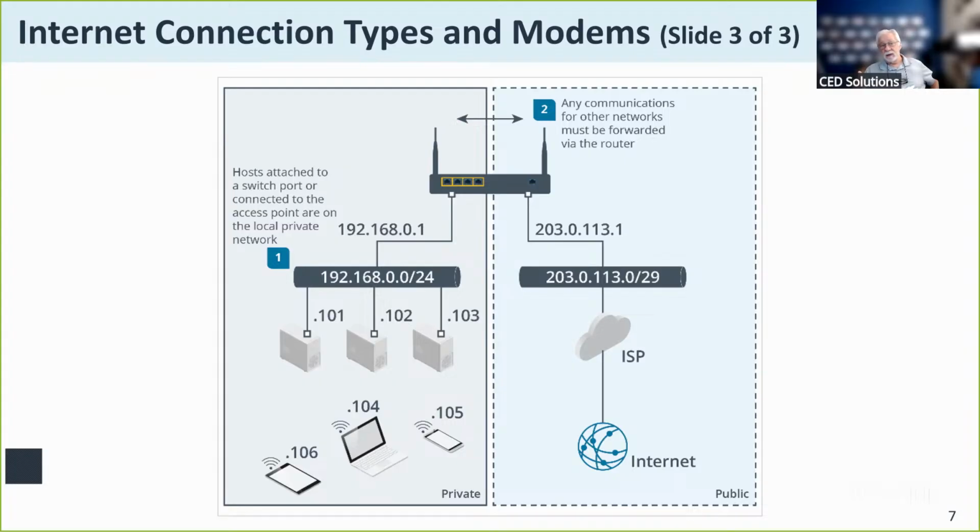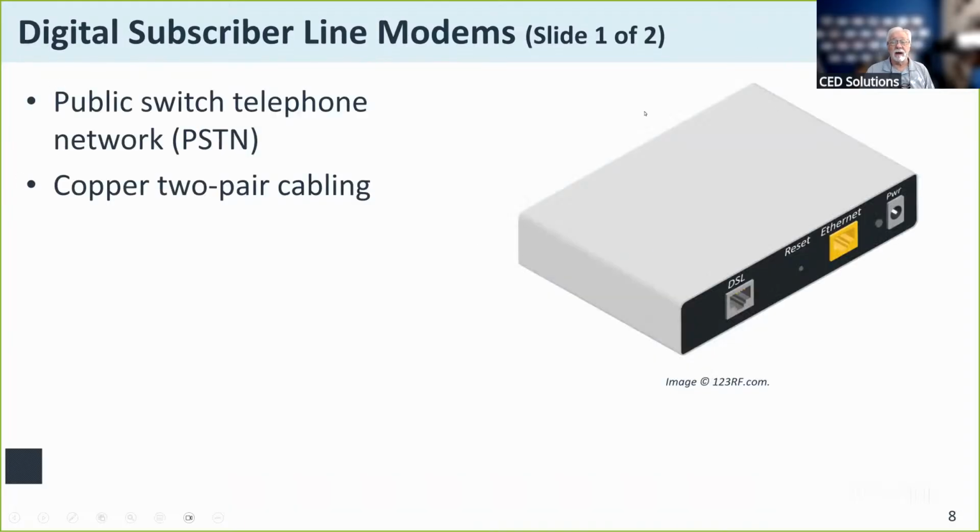And then some companies, like internet service providers, have these large blocks of public IP addresses leased to them. There's actually three different classes of private IP networks. I'll tell you about the ranges of IP addresses that belong to those in just a little while as well.